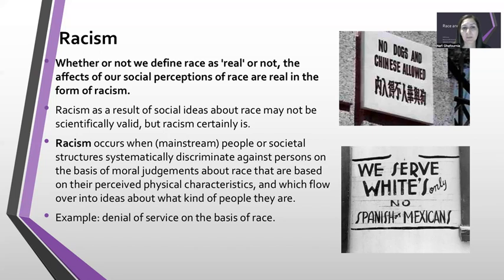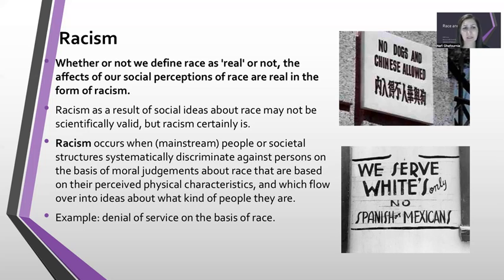It occurs when mainstream people or societal structures systemically discriminate against persons on the basis of moral judgment about race that are based on their perceived physical characteristics, and which flows over into ideas about what kind of people they are. So people can judge other racial groups, or just view them in a different way.